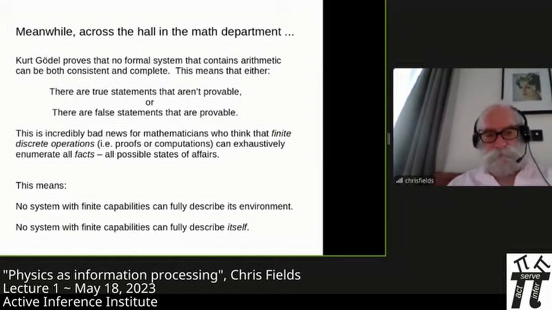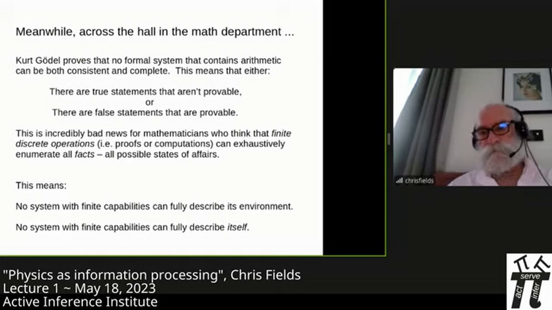So Gödel's theorem means that no system with finite capabilities, no system that can just do finite discrete operations, can fully describe its environment. It will always be in an environment where there are true things that aren't provable or false things that are provable. But I think more relevant to a discussion of agents is that it means that no agent can describe itself.